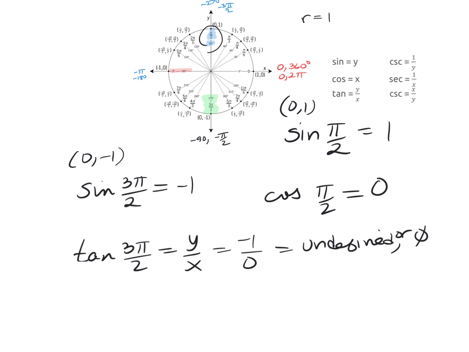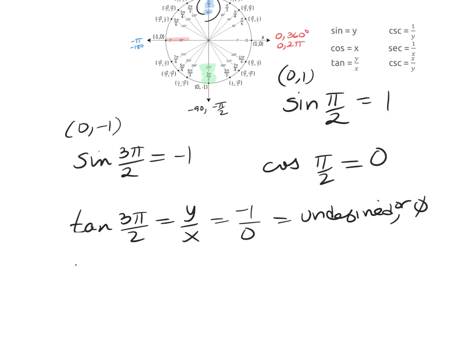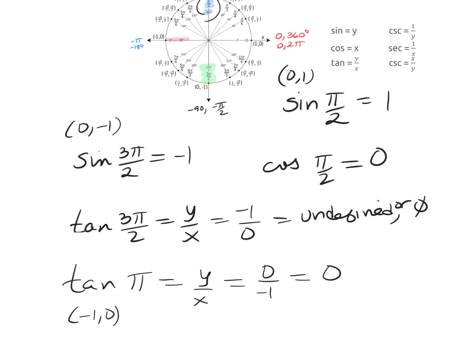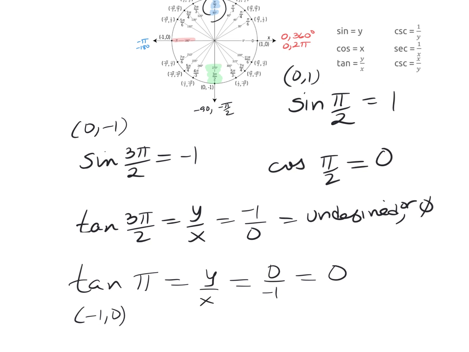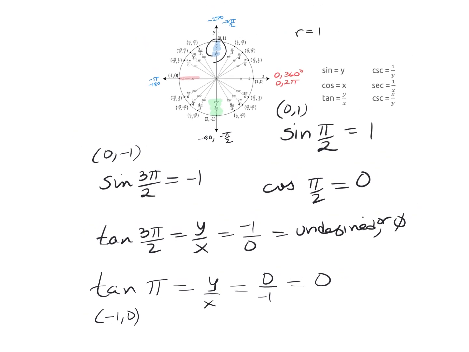If I ask you to do tangent of pi, the ordered pair we're using for that is negative 1, 0. y over x, 0 over negative 1, and it simplifies to 0. So be familiar with where these angles are located.